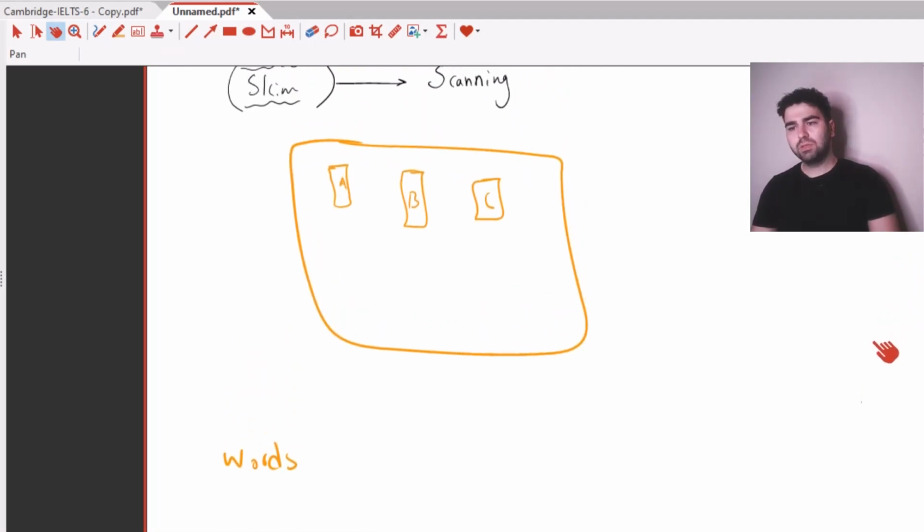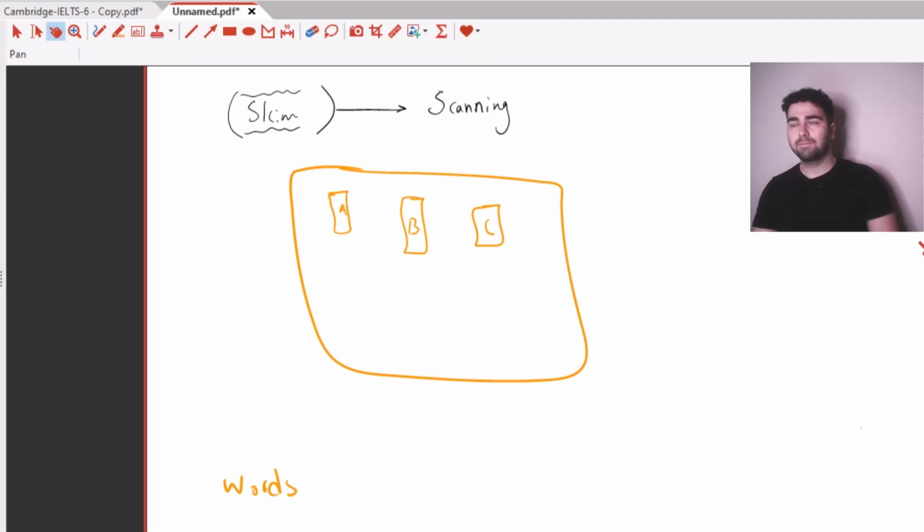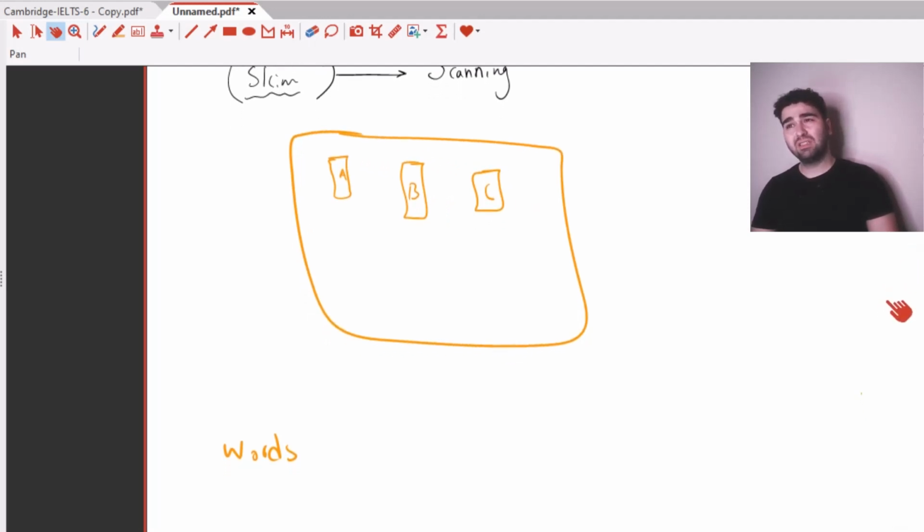There are some questions that my students normally ask. They ask, Reza, should we necessarily do the skimming and scanning? I once had a very young and passionate student who wanted to scan the text from the beginning without any skimming.